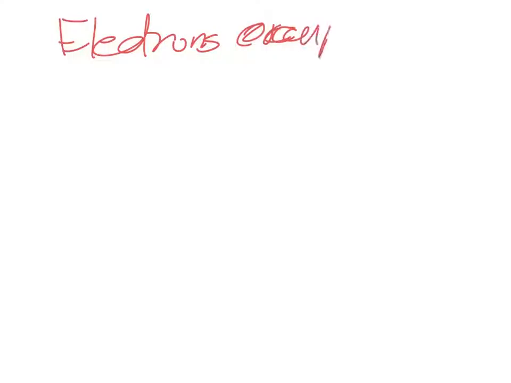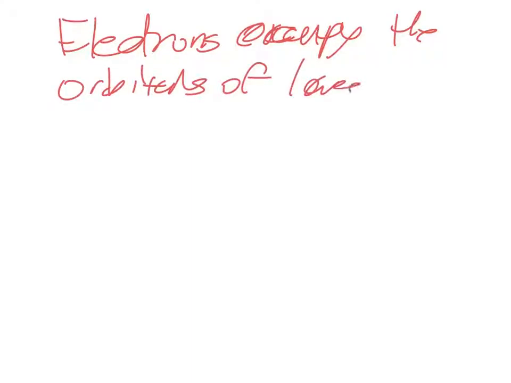Alright, just to recap a little bit, sorry this video is pretty long, but it might have been a little confusing. Anyways, basically silver and molybdenum are elements that break Aufbau's rule, which is that electrons occupy the orbitals of lowest energy first.